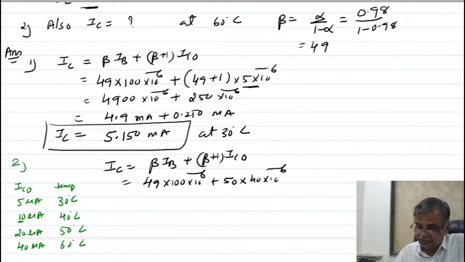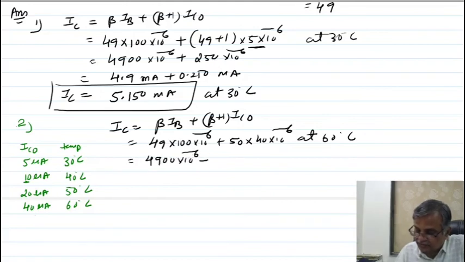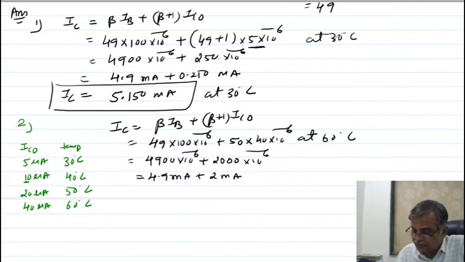Here I have taken ICO at 60 degrees centigrade, because your leakage current will be 40 microampere from 5. So this is 4900 into 10 raised to minus 6 plus 2000 into 10 raised to minus 6. 4.9 milliampere plus 2 milliampere. So it becomes 6.9 milliampere.